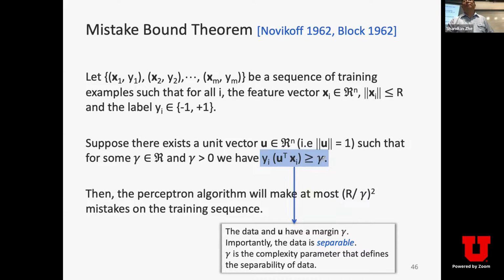What does gamma mean? If we take a look at the left-hand side, if we divide it by the norm of u, what does this mean?